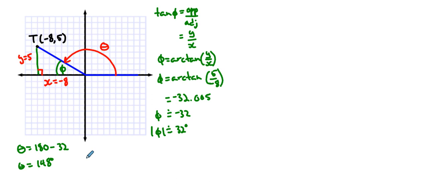Now let's look at something interesting that's going to arise here. So let's look at sine of 148. And if I take the sine of 148, I'm going to get 0.5299... It's going to continue on.